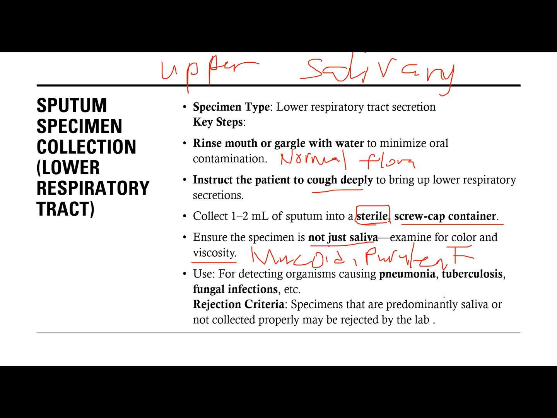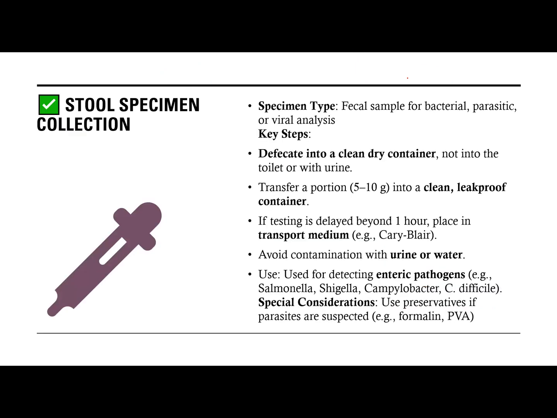Then it is used for detecting organism causing pneumonia, tuberculosis, fungal infections, etc. Then you have to reject this if it is predominantly salivary. So yun nga yung sabi ko, if the sample is salivary, class, you have to reject that. Our target here is lower respiratory tract, not the upper respiratory tract.